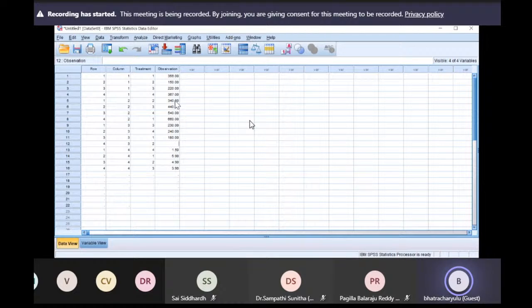Just enter the observations in the response column. Even for a 3-way or 4-way model, with interaction or without interaction, there is no difference in entering the data.